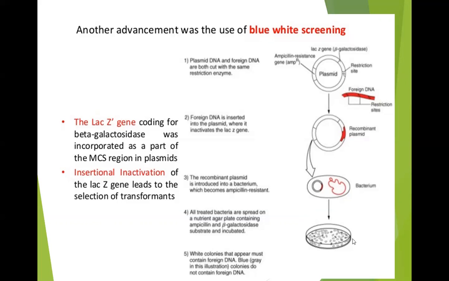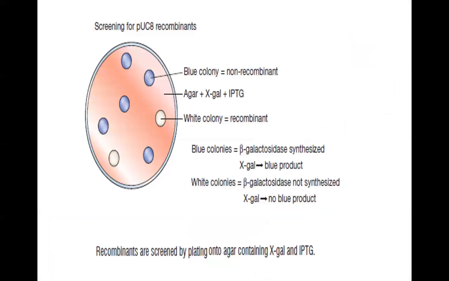So when we allow the cells to grow in this plate containing IPTG and X-gal, you will see a combination of white colonies and blue colonies.